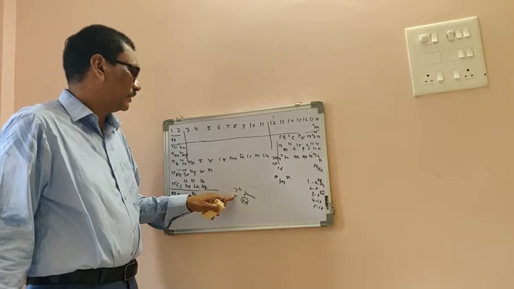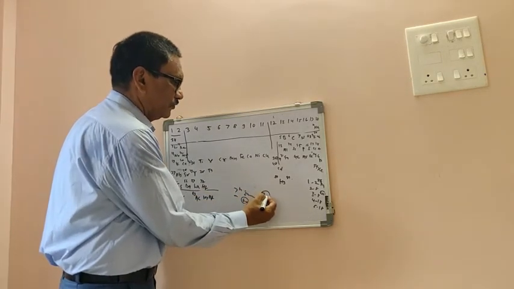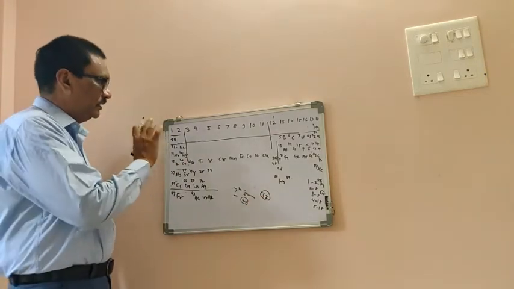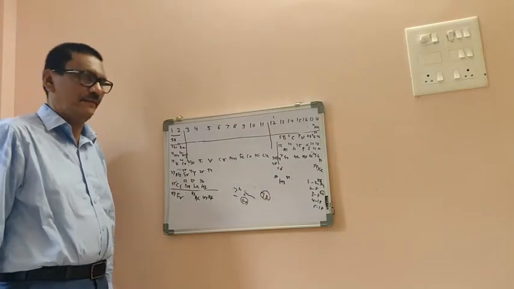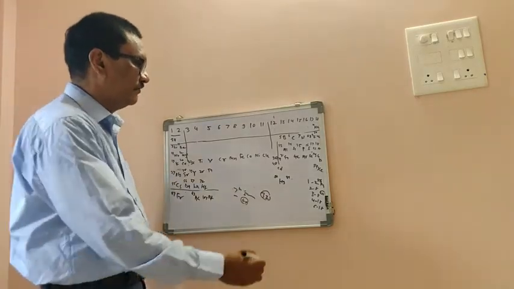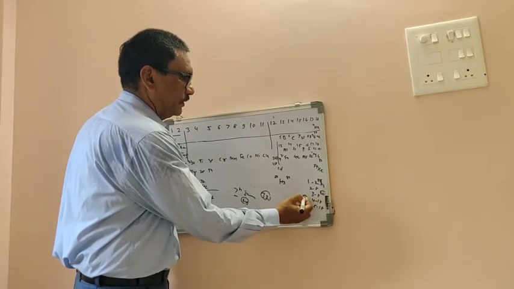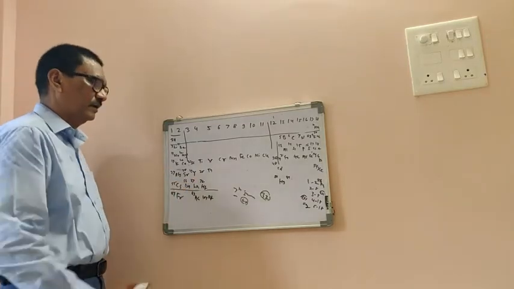But now this period contains 32 elements. Every year new discoveries are going on, and now this 7th period is totally filled by the elements. The last element is atomic number 118, that is discovered, and the 7th period is completed.